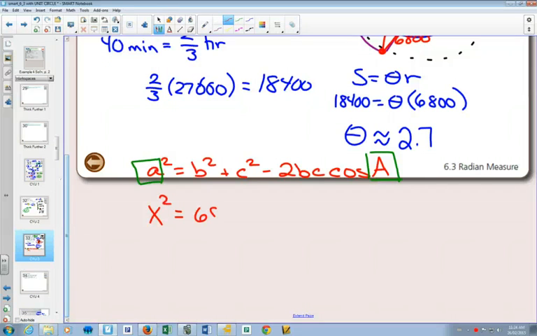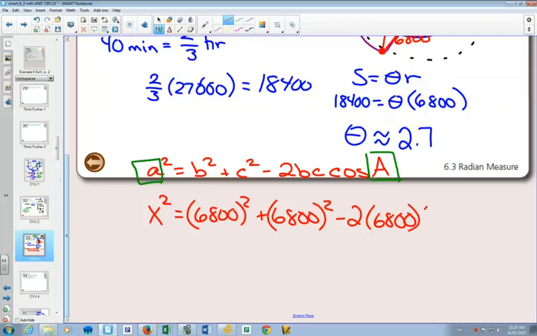We know that both of the other sides are 6,800. So we've got some big numbers here, and we can plug in Cosine of 2.7.